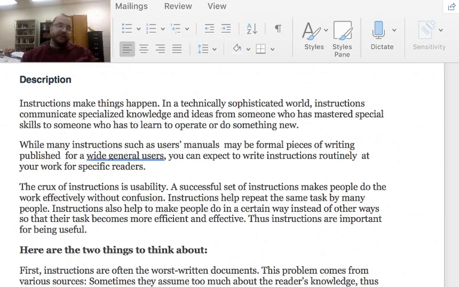That's the first thing you've got to think of. Your audience might be a slightly more sophisticated audience too. In that case, you have to assume what type of background knowledge that audience might need to do your instructions. So you have to consider your questions of audience here.